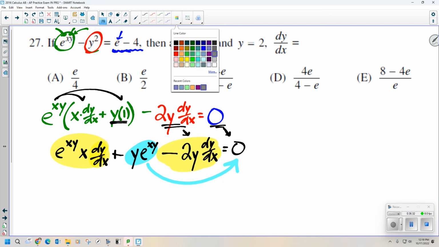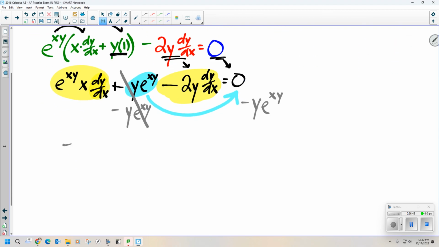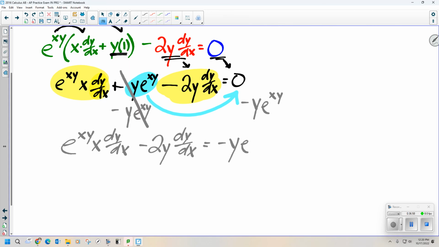Here. Let's subtract y e to the xy. Subtract y e to the xy. Bye-bye. E to the xy, x dy dx minus 2y dy dx equals negative y e to the xy.